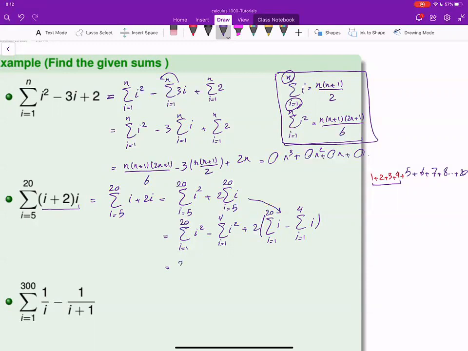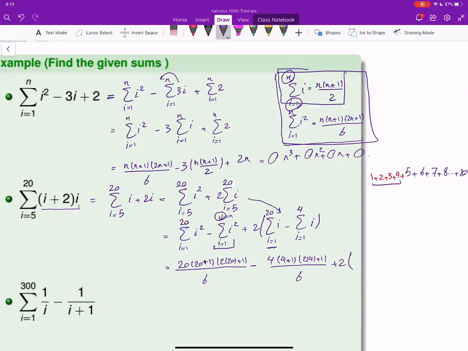I will get 20 times 20 plus 1 times 2 times 20 plus 1 over 6, minus the second term. The n in the second term is 4, so I will use the same formula: 4 times 4 plus 1 times 2 times 4 plus 1 over 6, plus 2 times the sum of i.